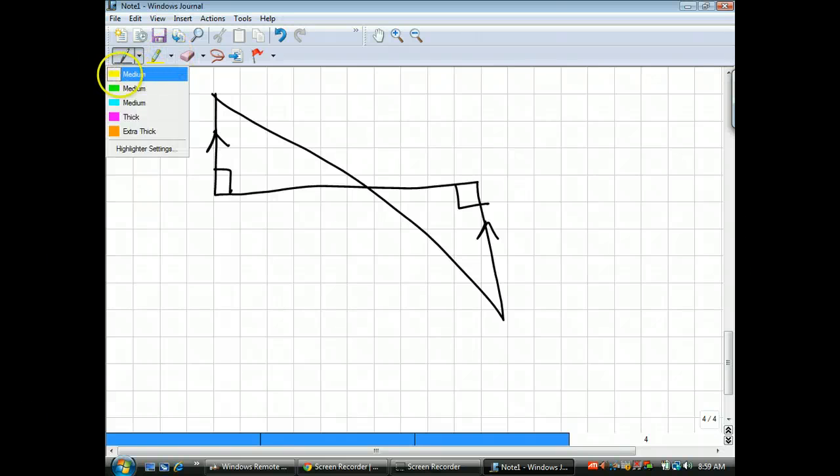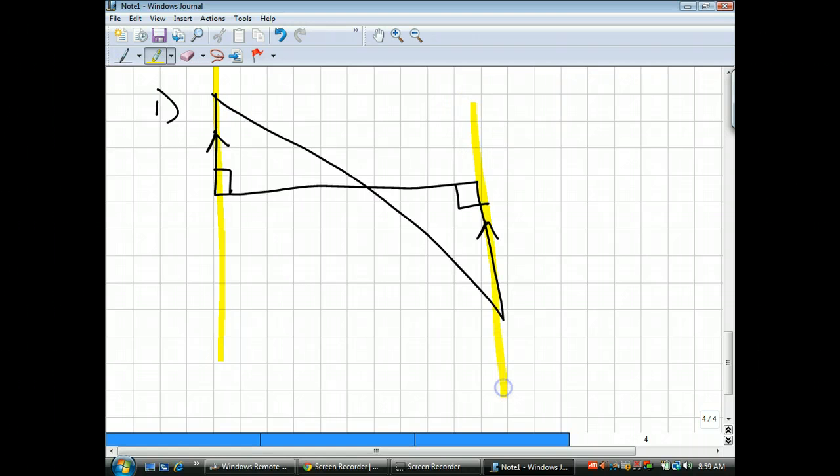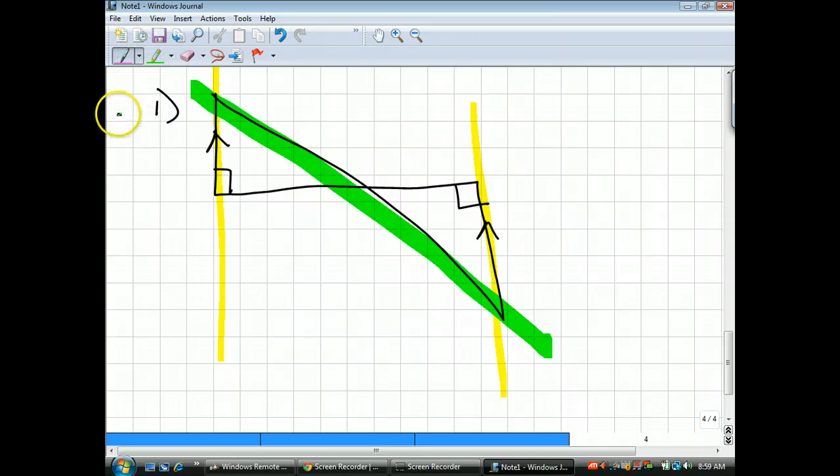Well, this line is parallel to this line, so then this is a transversal. So we can say that this angle is congruent to this angle because those are alternate interior angles.